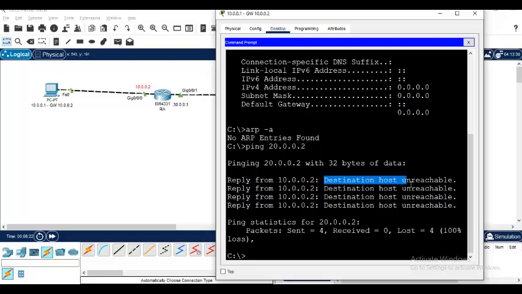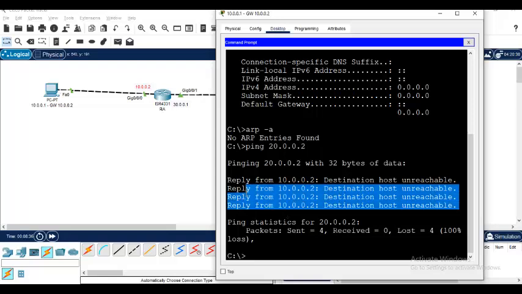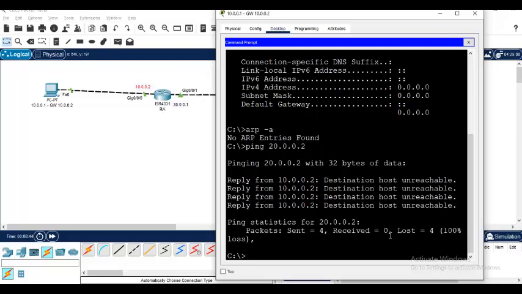Router is opening its mouth and talking to you. Sorry, I cannot. See, it is not under the received list. Received is only 0. Though you received, where is it received from? Not from 20.0.0.2. It is received from your gateway. That's why received is 0. Lost is 4 packets, all 100% loss.